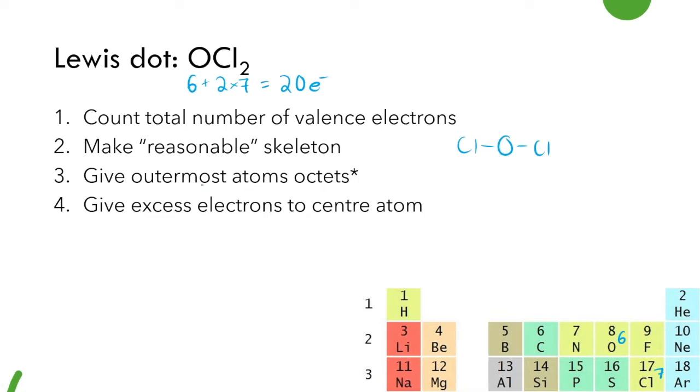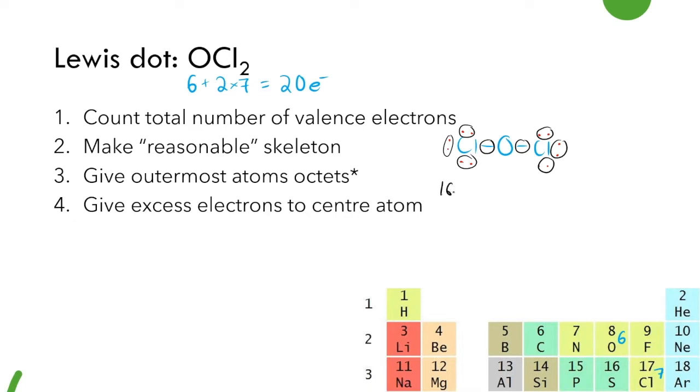Now we give the outermost atoms octets. Our outermost atoms finally are capable of having octets. So we draw all those in. Let's see where that leaves us. We have 2, 4, 6, 8, 10, 12, 14, 16.